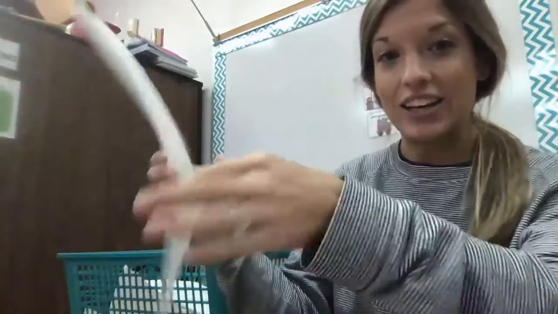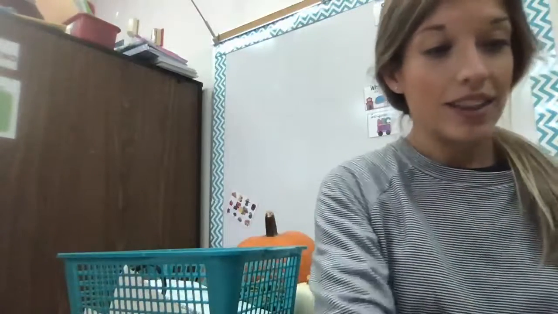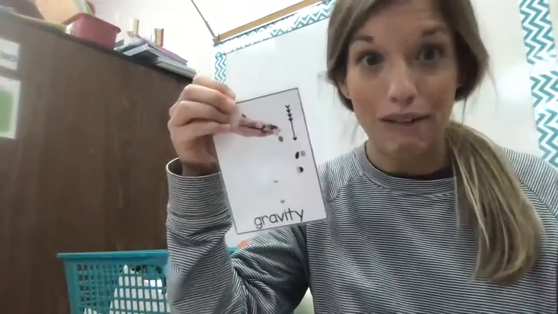The reason is because the glue stick is heavier than the paper. So things that are heavy will fall and hit the ground quicker than things that are light. Things that are light will eventually get to the ground, but they take a little bit slower. So this is all because of gravity.